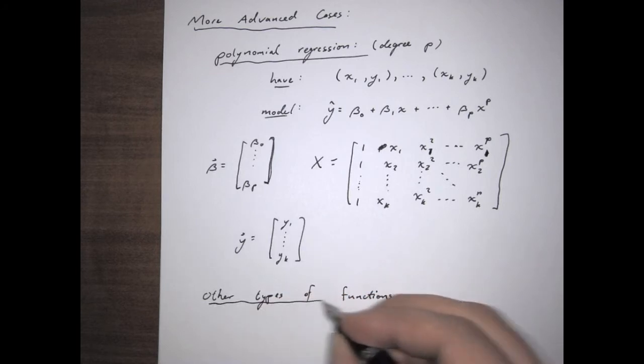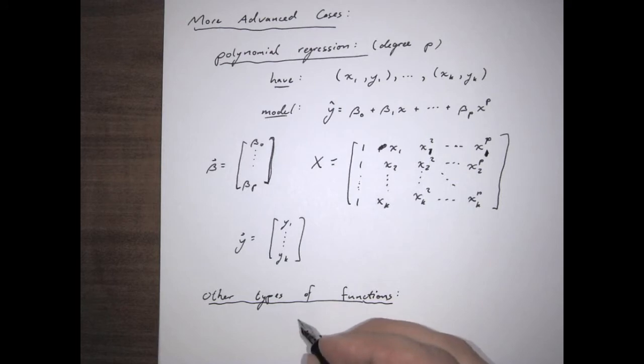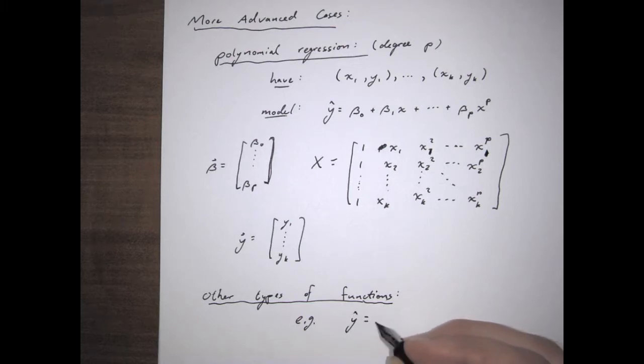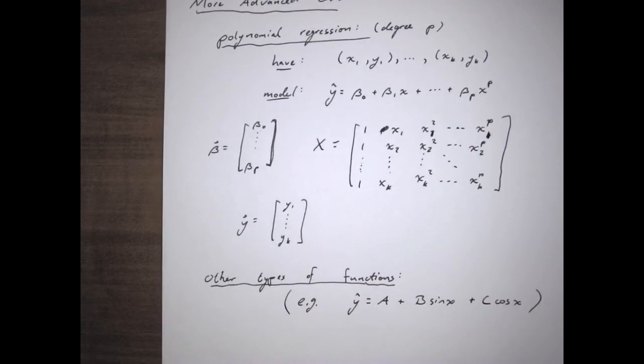And let's take as an example, say something like, for example, y hat equals a plus b sine x plus c cosine x. So it doesn't have to be the slightest bit of a linear function, provided that the unknowns each serve as a coefficient of some specific term.